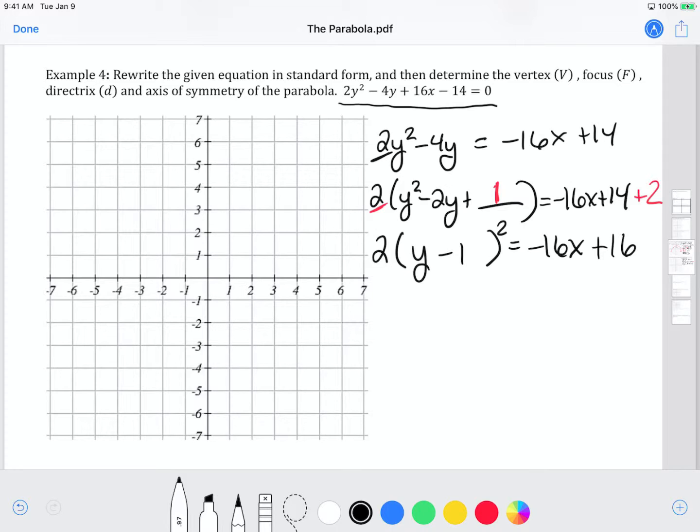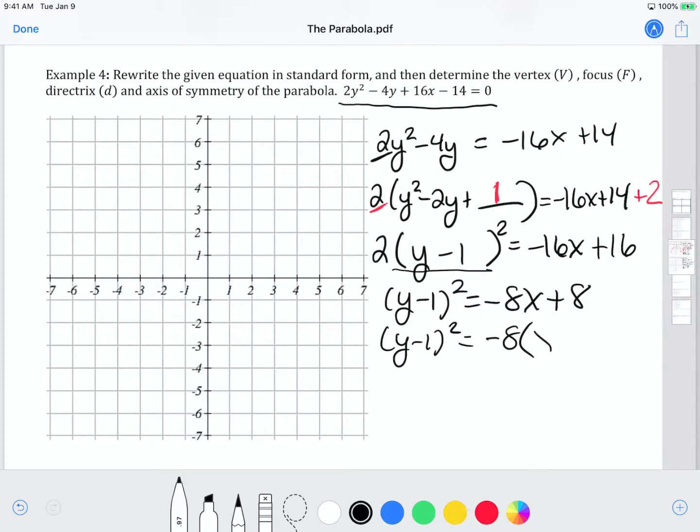Now, I want to divide both sides by 2 so I can get the part that's squared by itself. So now I'm going to have y minus 1 squared is equal to negative 8x plus 8. I'm going to factor out from the right-hand side a negative 8, so I'm left with x minus 1. And now we have our standard form.